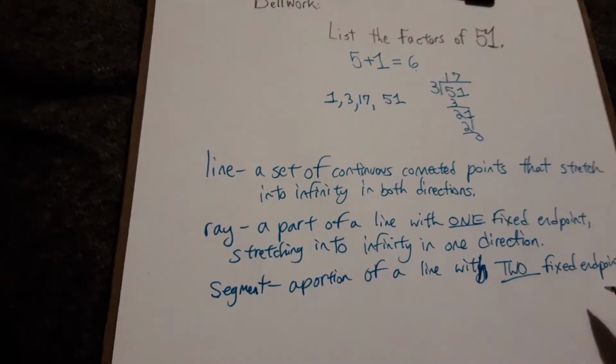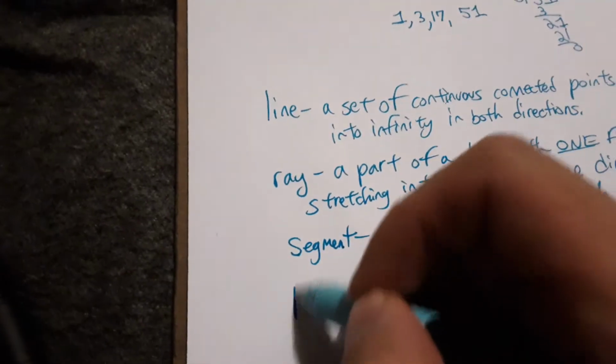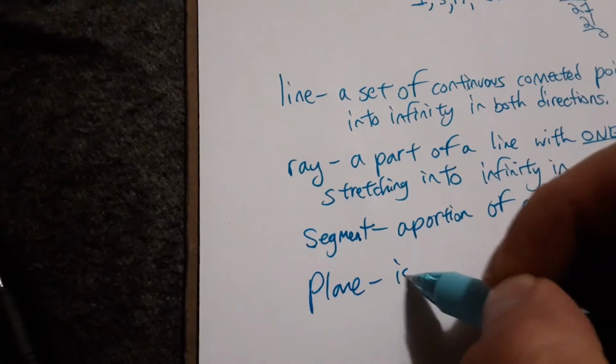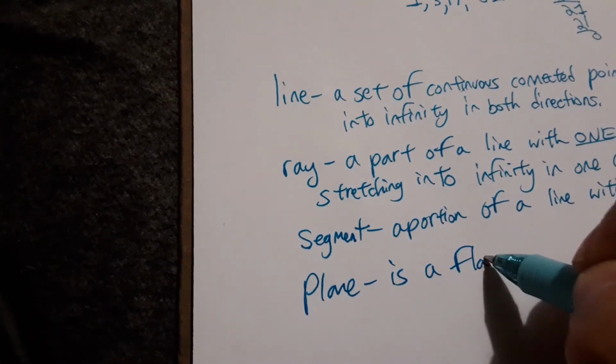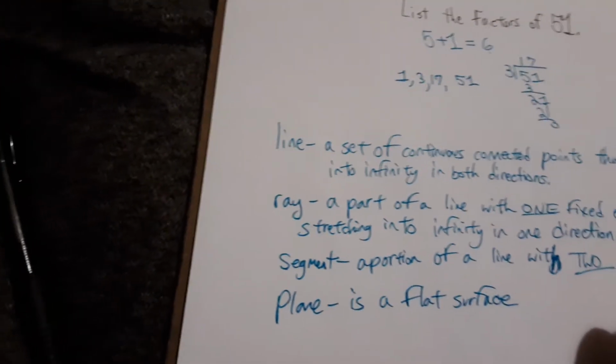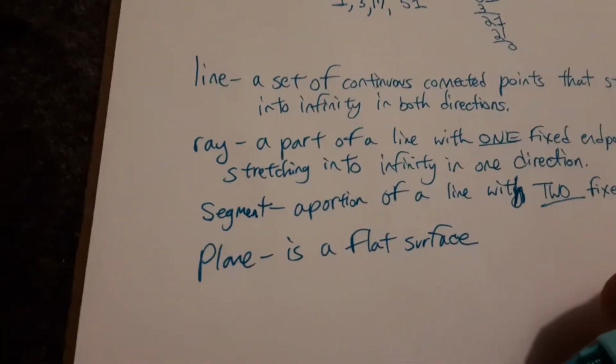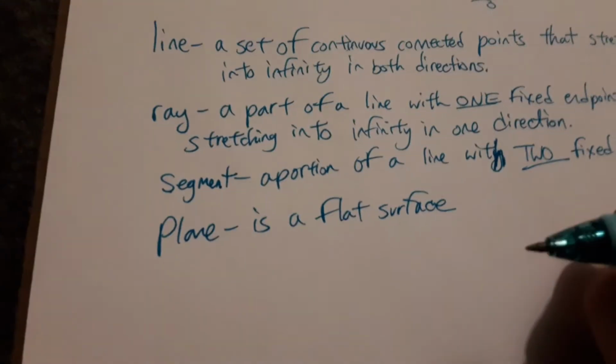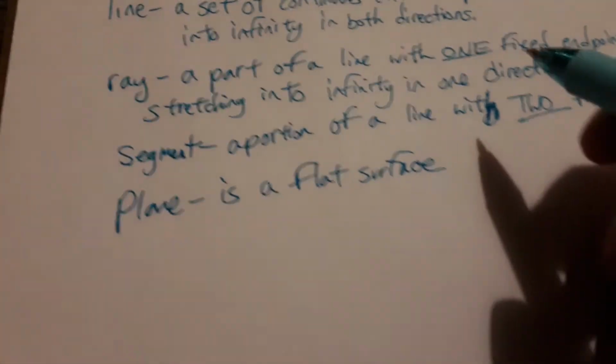Then a plane is a flat surface that extends without end in all directions and has 2 dimensions, length and width.